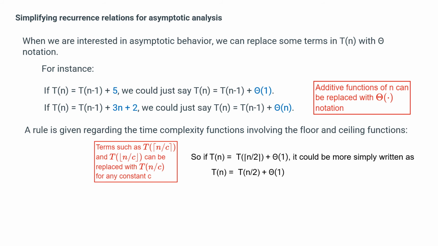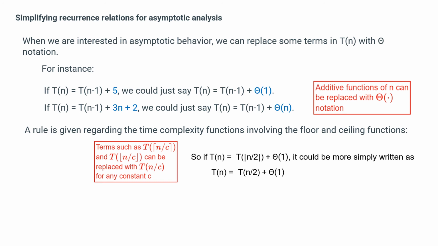So if we have a recurrence relation that looks like this, T of n equals T of the ceiling of n over 2 plus theta of 1, and the theta of 1 probably came about because we analyzed those extra terms like we did above, we could write it more simply by just dropping that ceiling function and just talking about T of n over 2 plus the theta of 1.